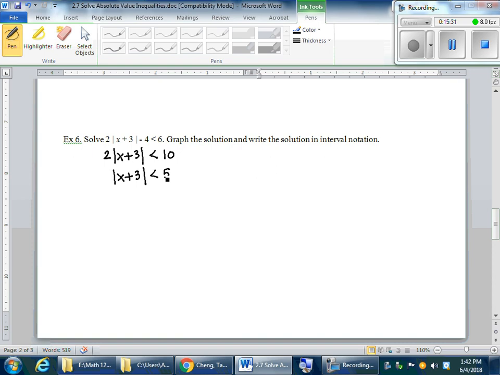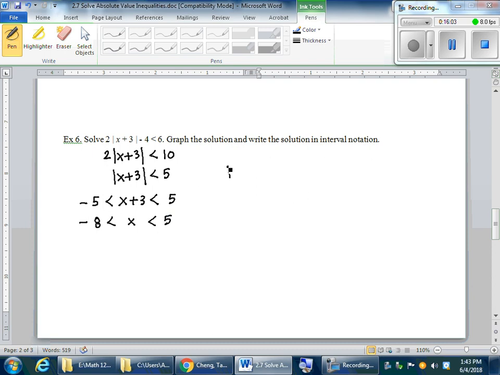Now I can decide which equivalent statement I want to use. Because this is less than 5, less than indicates that the expression x plus 3 will be trapped between negative 5 and 5. And we subtract 3 from both sides, that will be negative 8 is less than x less than 5.